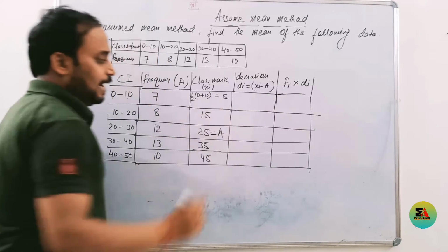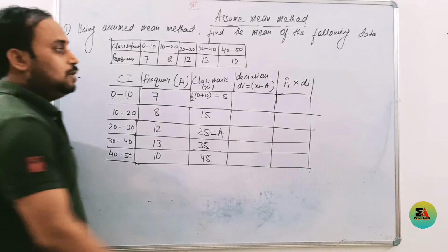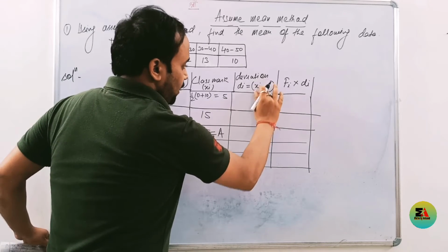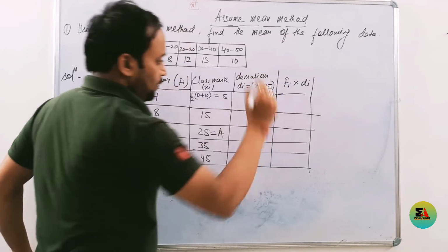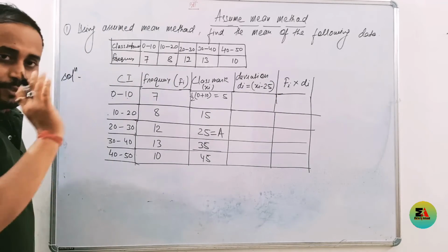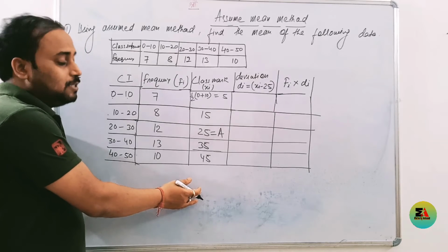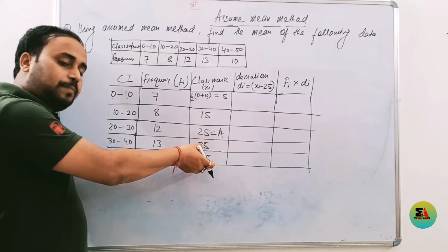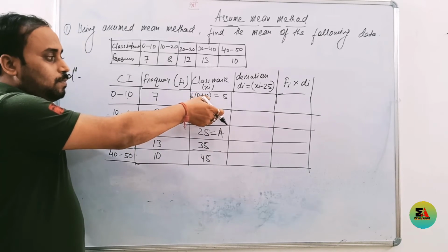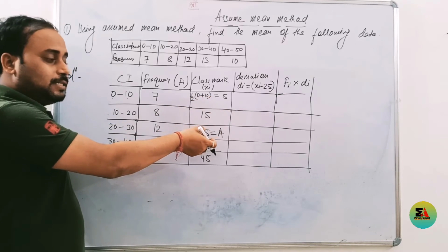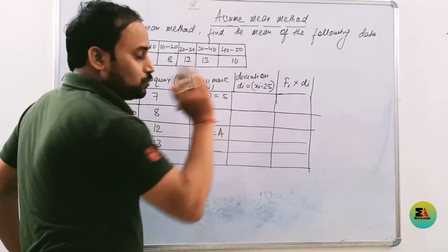This is assumed as A. This is the middle value. So in place of A, what do we write here? 25. Clear? How did we assume? I repeat once again. There are 5 class intervals. We exclude 2 from below, 2 from above, and the middle one is 25. We assume A is 25.